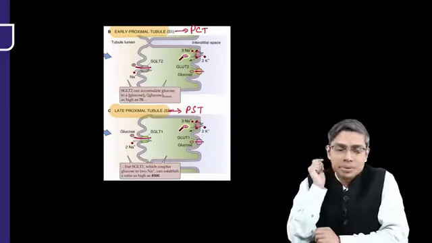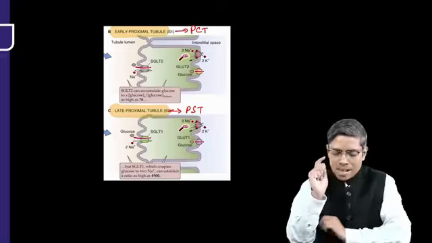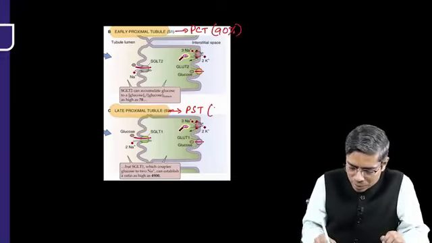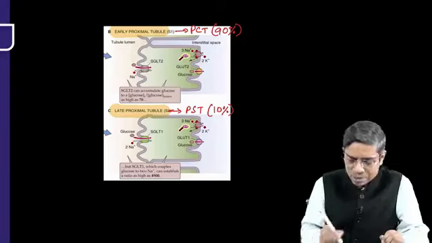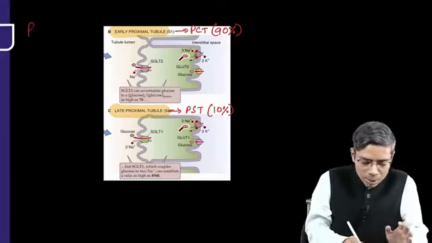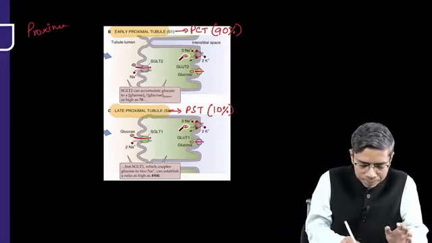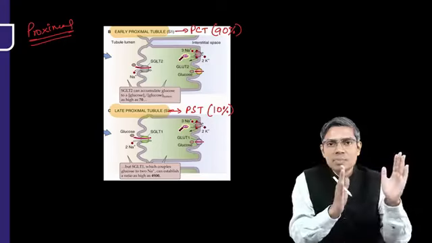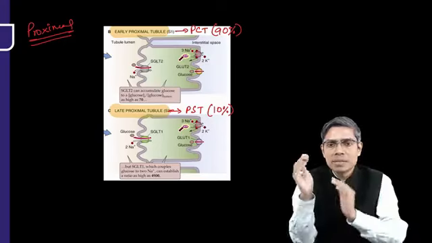Maximum glucose reabsorption occurs in the proximal convoluted tubule, 90%, and the remaining 10% reabsorption occurs in the proximal straight tubule. Both of them are part of the proximal tubule only.